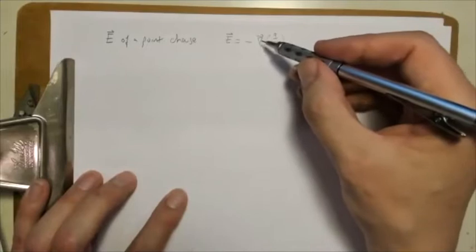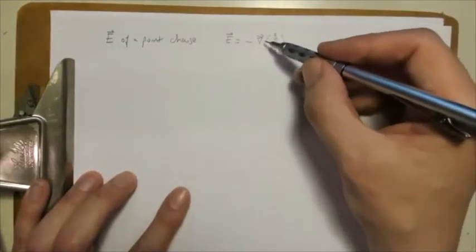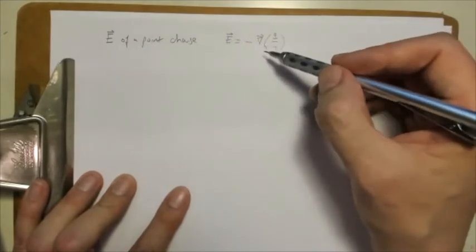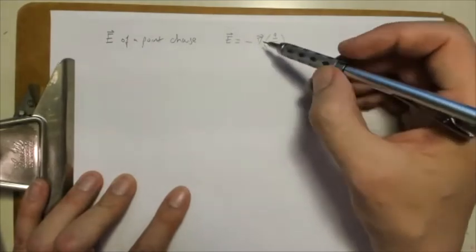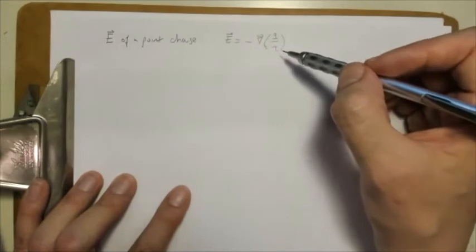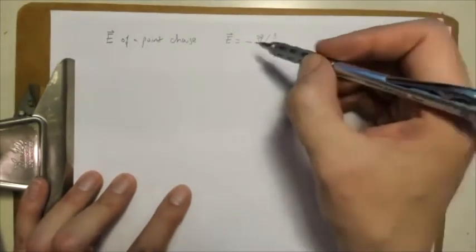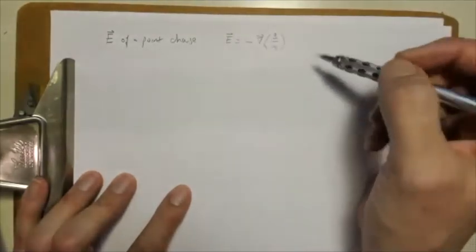So if you have the gradient operator in spherical coordinate system, so for instance, it's just 1 over R d/dr, right? So you pick up a factor R and a factor minus, and then now you get the electric field.